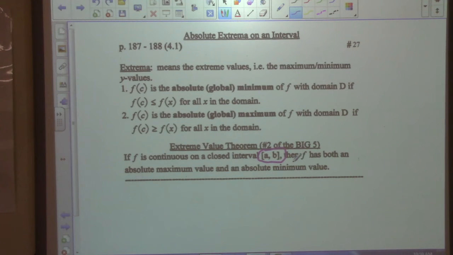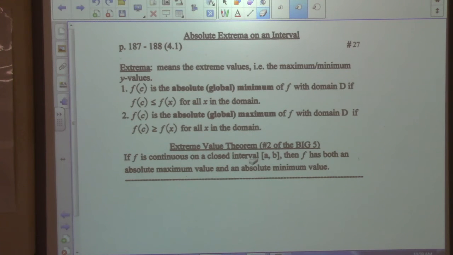Because what happens is you could have a situation like this, where if you had an absolute value function over an interval, it would not be differentiable here, yet would still qualify for the extreme value theorem. So you just have to watch out for that.